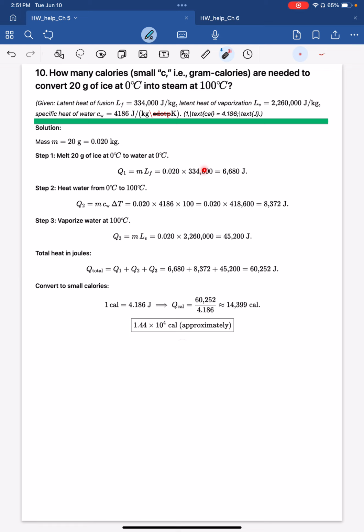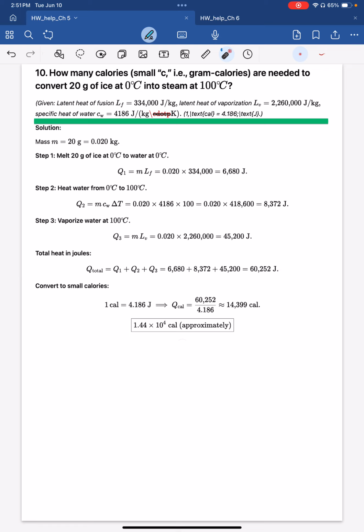Multiply with the latent heat of fusion of ice. Second, you have the specific heat of water, which is 4186. So mass times that times change in temperature, 100 minus 0. And the third is mass times latent heat of vaporization. You got that constant here. After you get all that, add all of them up.